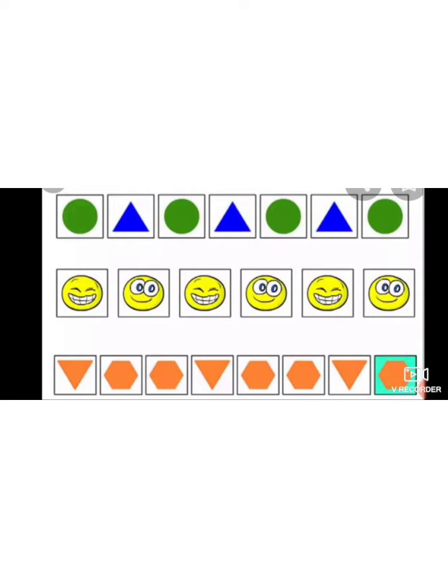And look at the smileys. One has teeth, one has eyes. One has teeth, one has eyes. So the same thing is repeated. The sequence follows. So you have to observe this, and then the next one will be a teeth one, followed by an eyes one.